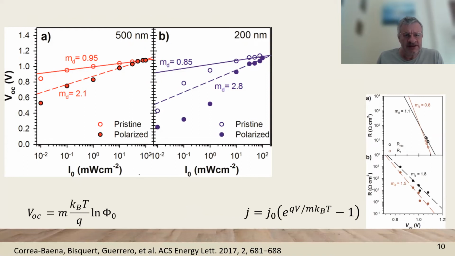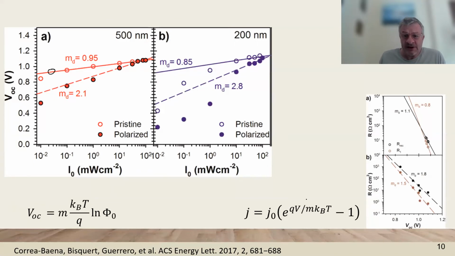So here is an early example of the determination in a perovskite solar cell. We can see that in the first case here, it's nearly 1 because this is for a pristine solar cell that has not yet been polarized. After polarization and JV curve measurement, this diode quality factor changed to 2, indicating a strong modification because of the ionic effects, etc. So the measurement itself was modifying the perovskite solar cell, although this can later be recovered.